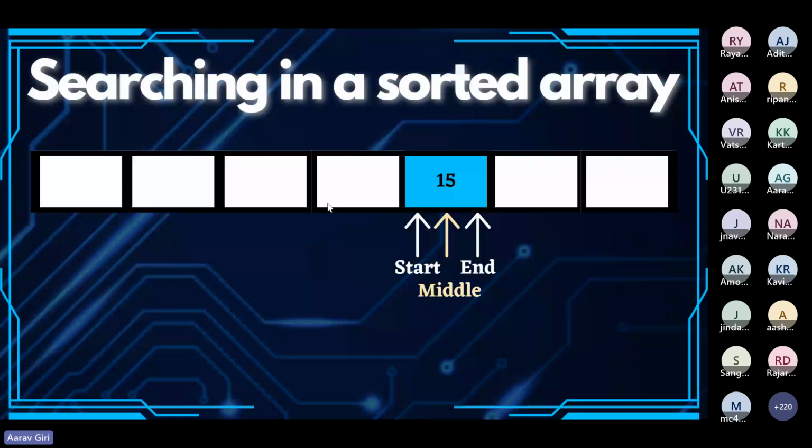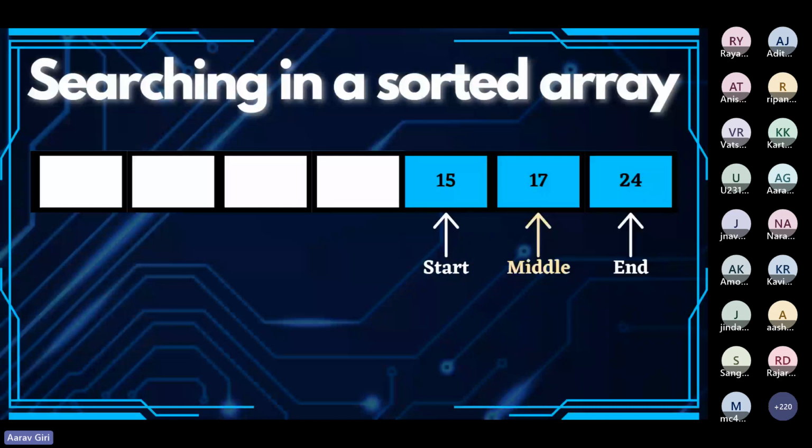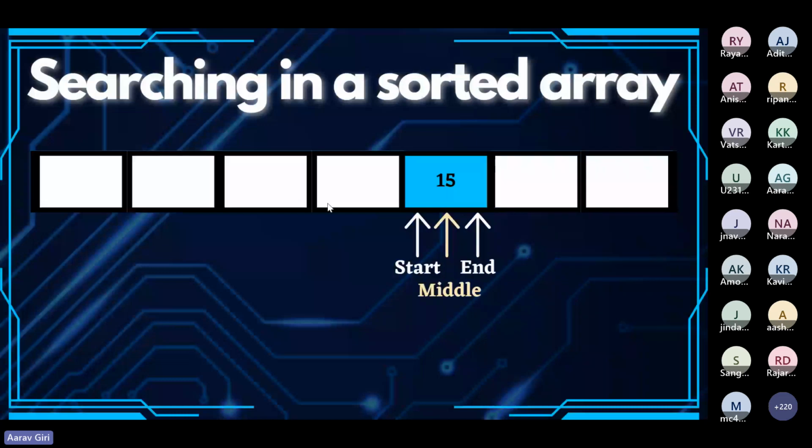Suppose I don't put while end greater than or equal to start. Then how will it ever terminate if the element is not even present in the array? So suppose 16 was there. It is less than 17. We will discard the right half. We'll come to 15. Then 16 is greater than 15, so I'm supposed to shift start by 1 to the right side. I'll just show the condition.